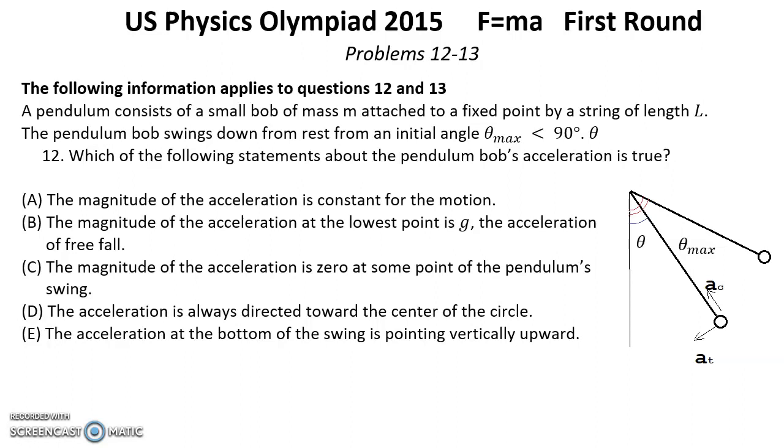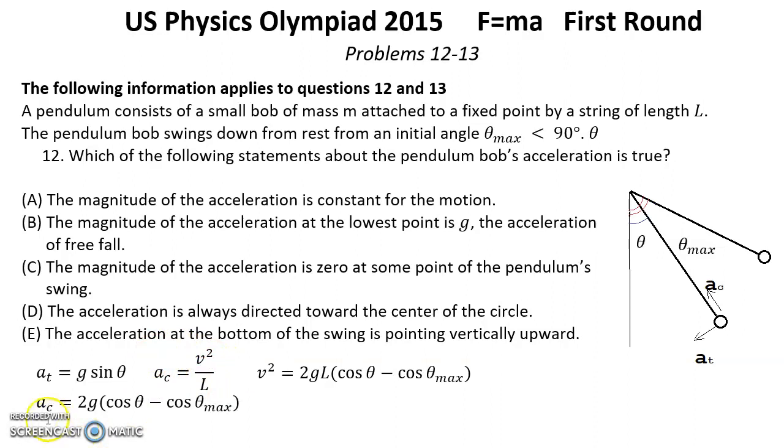For tangential, that will be a_t equal g sine theta, and for centripetal, that will be v squared over L. V squared we can find from energy conservation. So that's the expression for v squared. And when we put v squared in this formula for centripetal acceleration, we can get a result for centripetal acceleration.